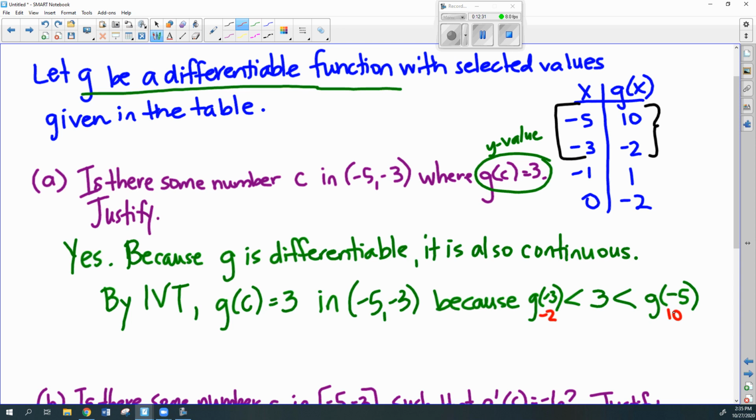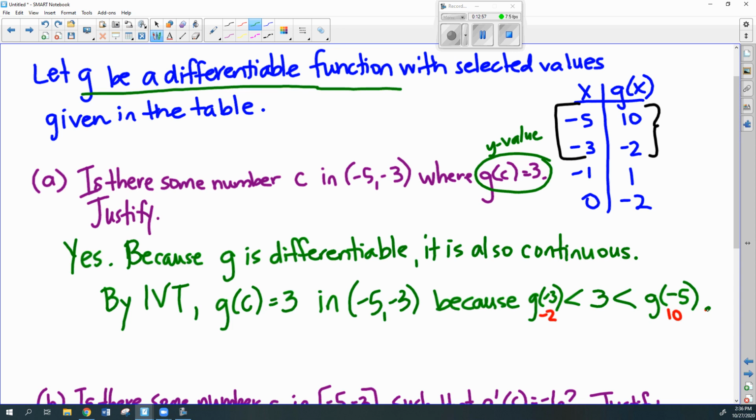So yes, because g is differentiable, it's also continuous. By IVT, we know that g of c equals 3 in that interval because 3 falls between g of -3 and g of -5. And that is probably the shortest way to write that answer.